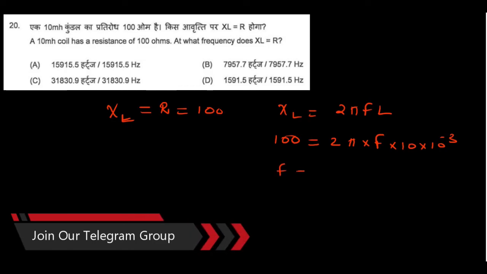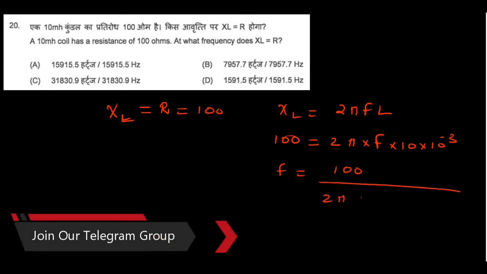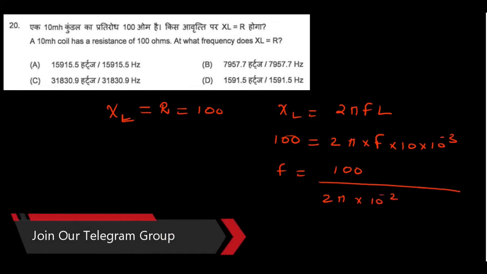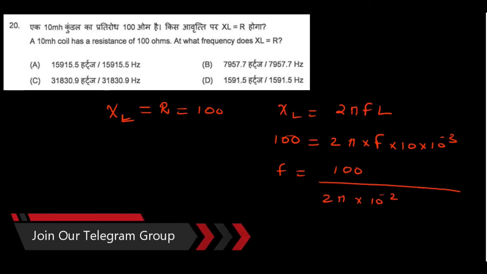Now F equal to what? F equal to 100 divided by 2 pi multiplied by 10 multiplied by 10 to the power minus 3. Powers get added, we'll get 10 to the power minus 2. We can take it up. So let me write it on the left side.